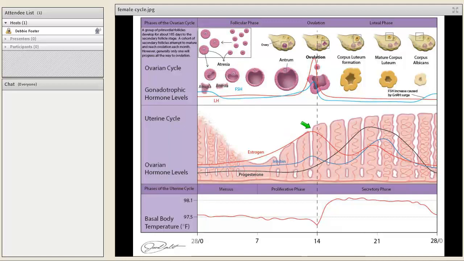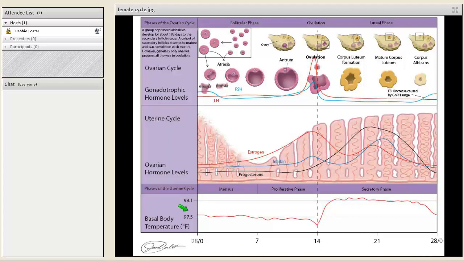It does drop because that follicle has been released, but then it increases a little bit due to the corpus luteum. And once again, if pregnant, instead of having humps or bumps, they would just stay pretty much straight across until it was time for the baby to be born.